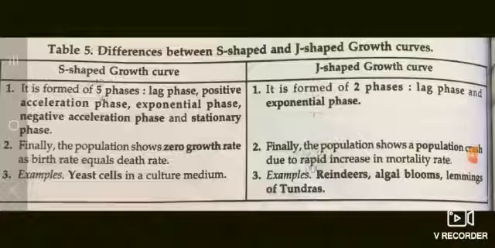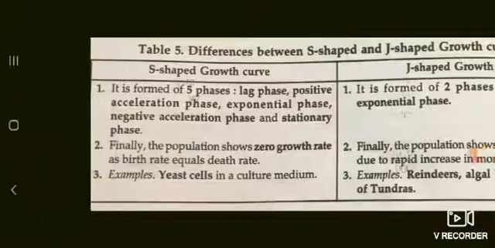In case of S-shaped growth curve, 5 phases are present, whereas 2 phases are present in J-shaped growth curve. In case of S-shaped growth curve, population shows zero growth rate, whereas in J-shaped growth curve, population shows a population crash due to rapid increase in mortality rate.